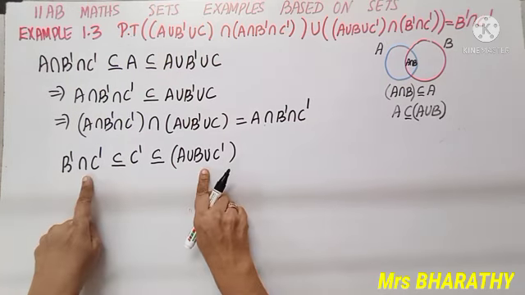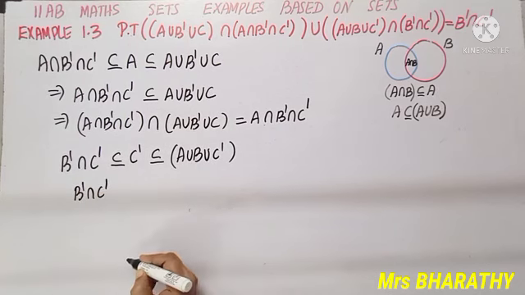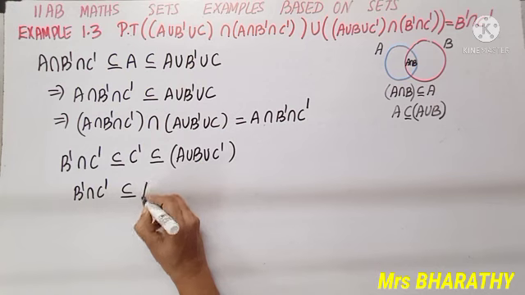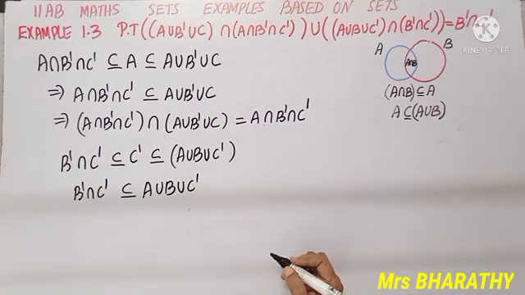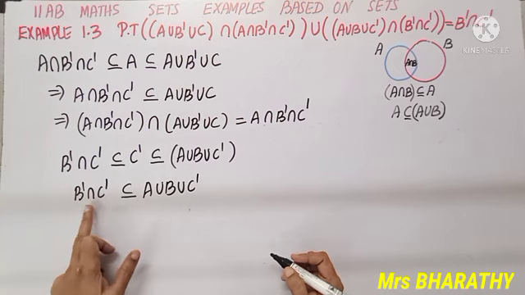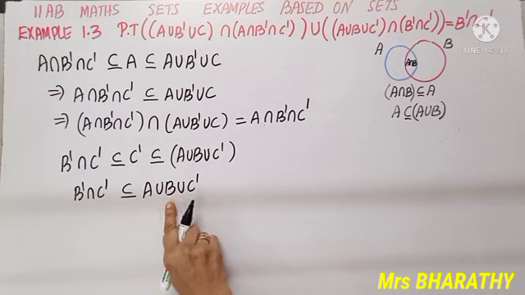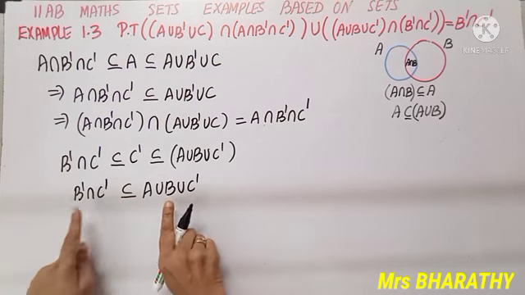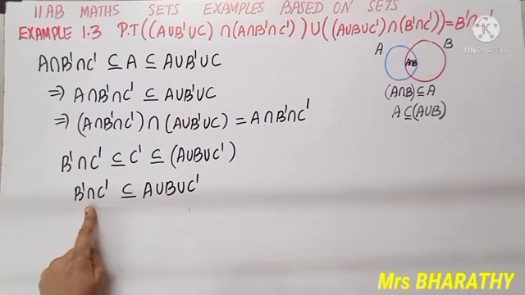So out of the two, I will derive B dash intersection C dash contained in A union B union C dash. Now which is smaller? B dash intersection C dash. Which is bigger? A union B union C dash. So this is the smaller set and this is the bigger set.